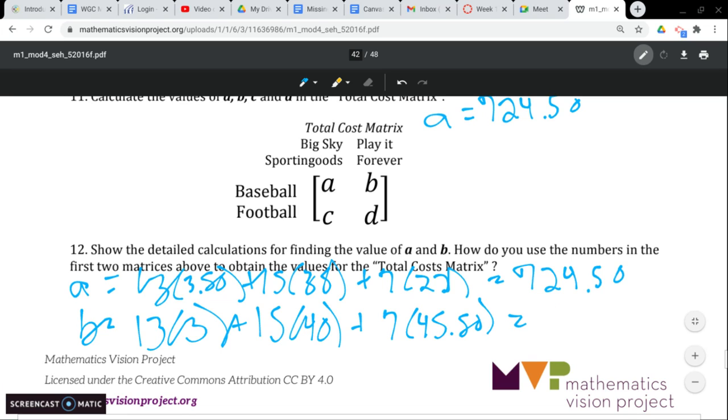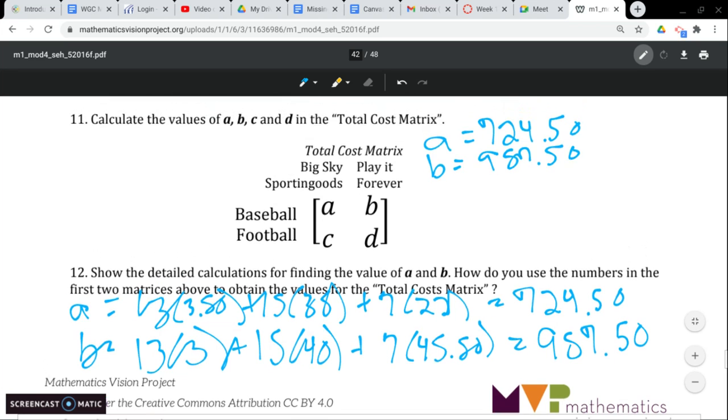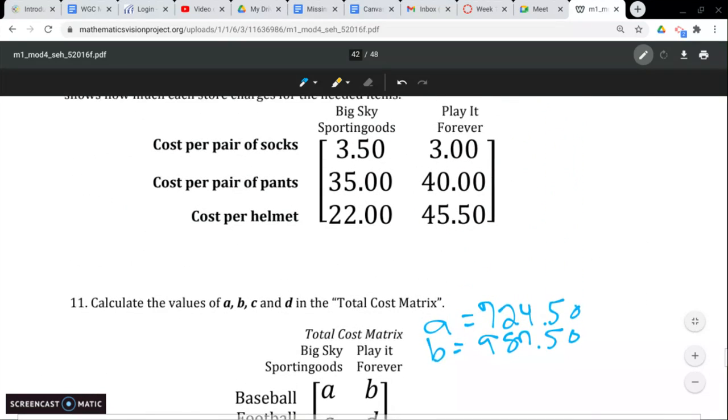And that's going to equal $957.50. So B equals 957.50. Now, we still need to find C and D.